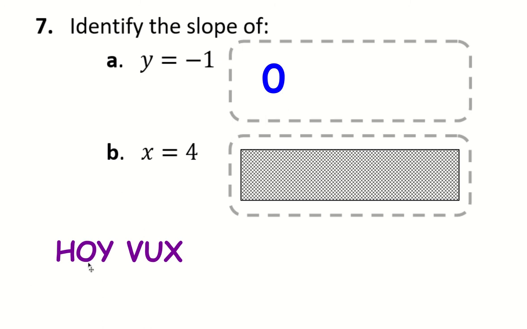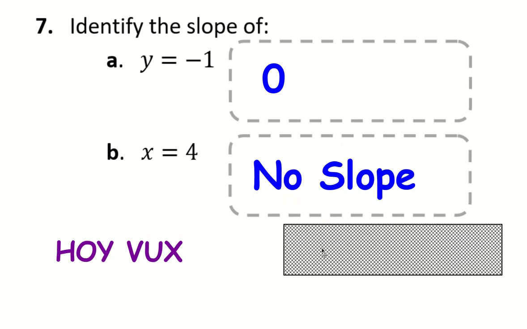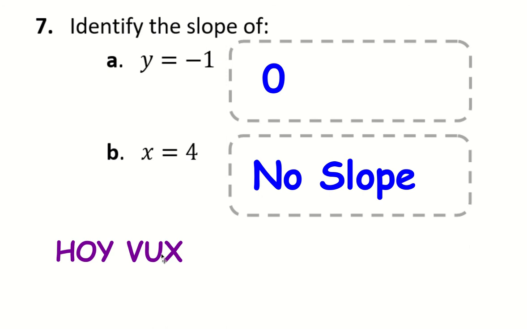That's not really an O per se, it's a 0 in Hoivux. As far as x equals 4, vertical lines, V, have an undefined slope. In other words, undefined, aka no slope, aka slope doesn't exist.